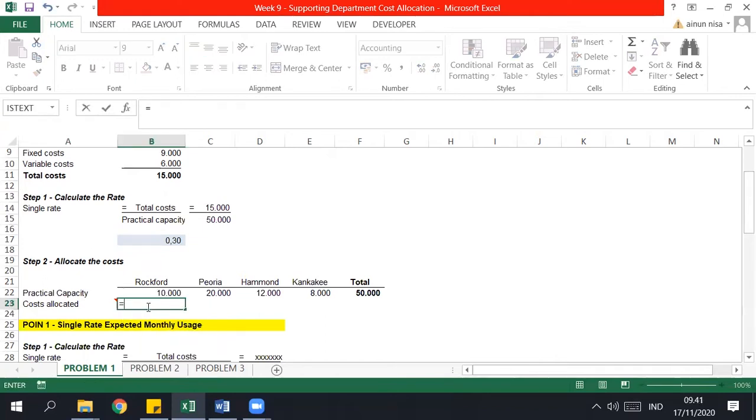So for example, the cost allocated to Rockford is 0.3 times 10,000, and for Peoria it is 0.3, the single rate, times 20,000, and so on and so forth.